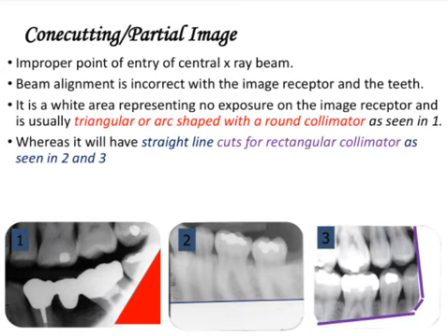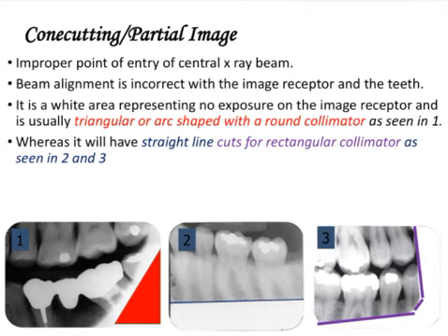If you remember the paralleling technique with the holder, you have a ring called the beam alignment device or aiming ring. So you can aim the cone perfectly with the ring, which will completely expose the radiograph.